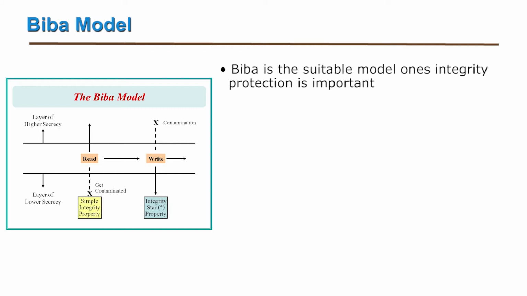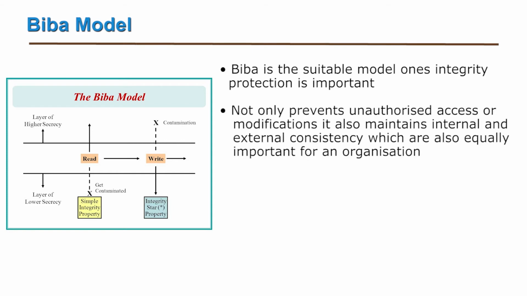Biba is the suitable model once integrity protection is important. Not only does it prevent unauthorized access or modifications, it also maintains internal and external consistency, which are equally important for an organization. Biba model ensures that.